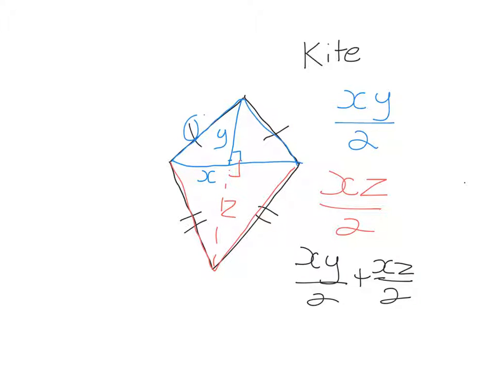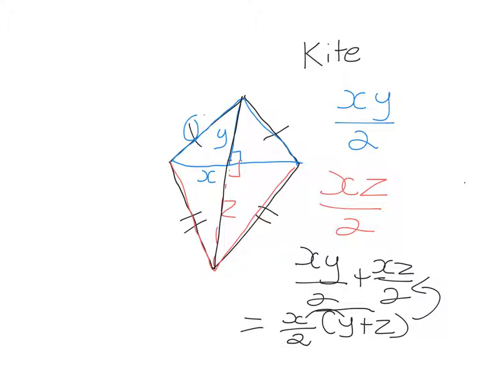Now this is exactly the same as if we take out x over 2 and then we put in y plus z. If you expand this using the distributive law, you'll just get that up there. But what you notice is that x is one of the diagonals and y plus z is another diagonal. y plus z is this whole line here.